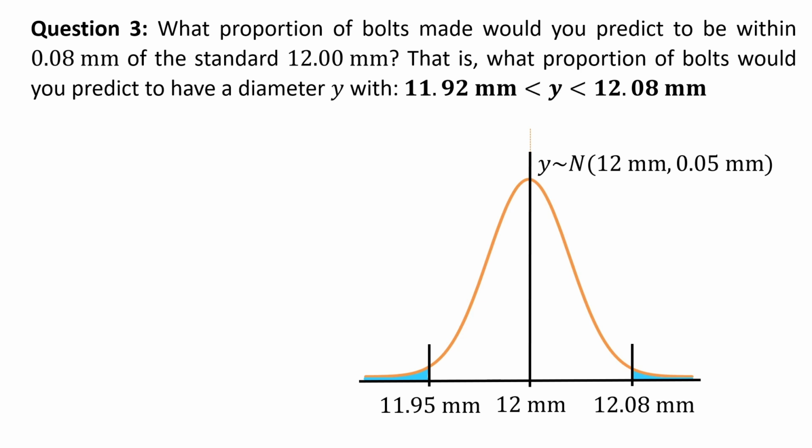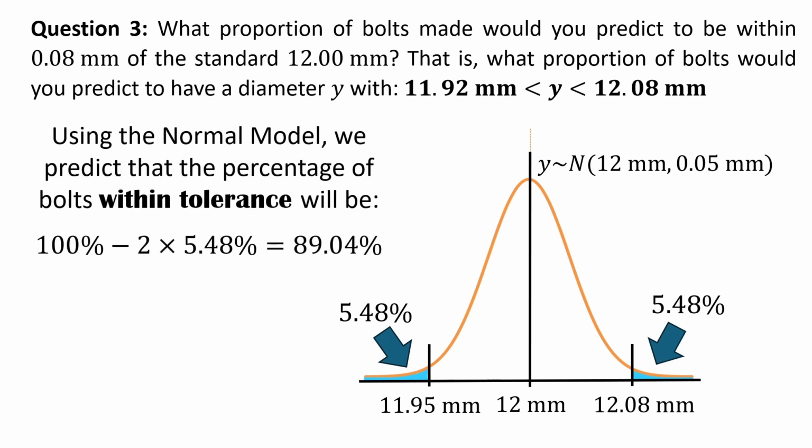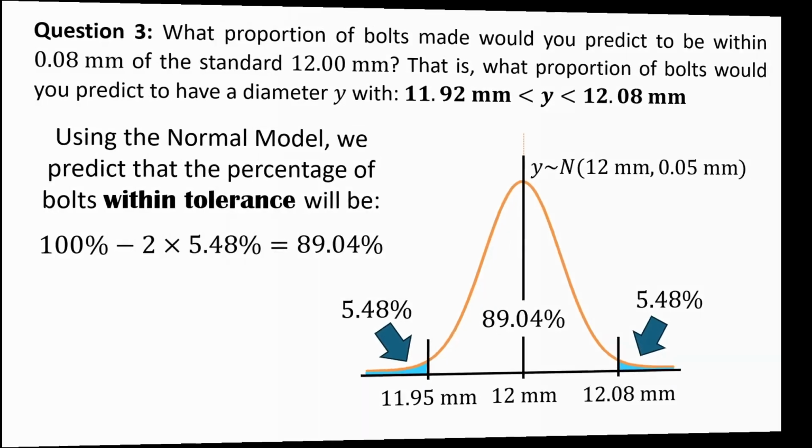We've already done the calculations. We already know that the area in the upper and lower tail, each of those is 5.48%. And so that tells us that the area in between is 89.04%. And so using the normal model, we predict that the percentage of bolts within tolerance will be about 89%.